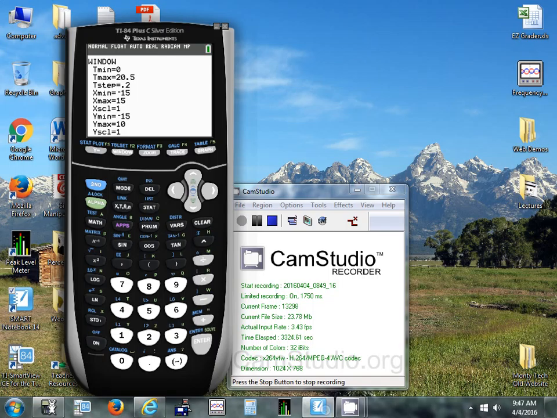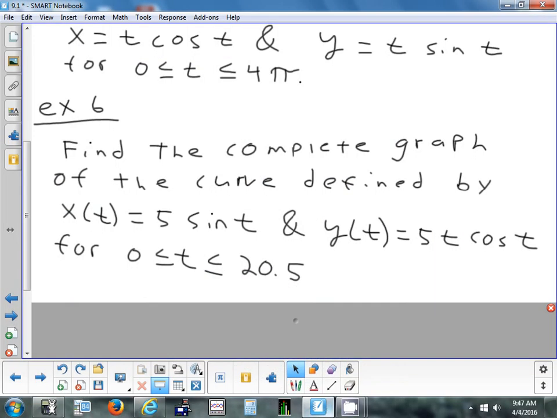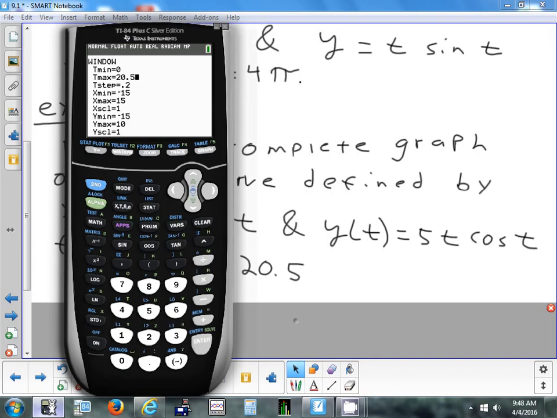Now, let's think about our window a little bit. What's the highest sine ever goes? 1. And if you multiply it by 5? 5. So your x values are never going to go above 5. And what's the lowest sine goes? -1 times 5? Okay, so we're never going to go beyond -5 and 5.